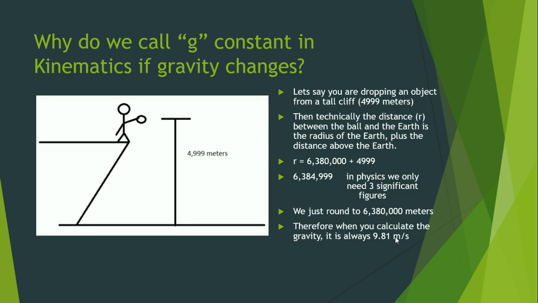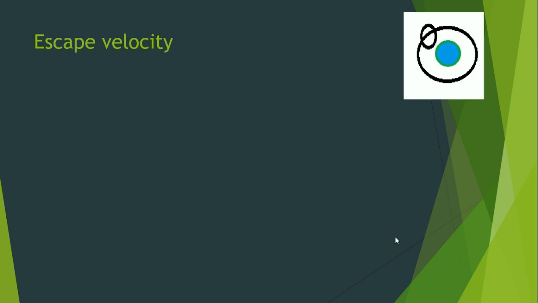So it would be 9.8 instead of 9.81. So even though if we went 1 meter out it would change, it's such a small difference that we just call it constant. So we just keep it constant for all of our problems in kinematics. This is why we don't even bother to care if it changes as it's moving.